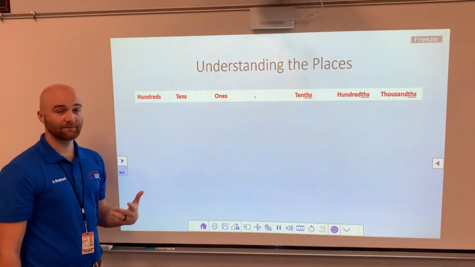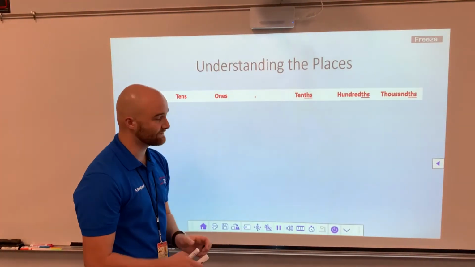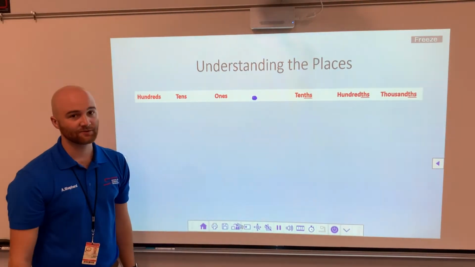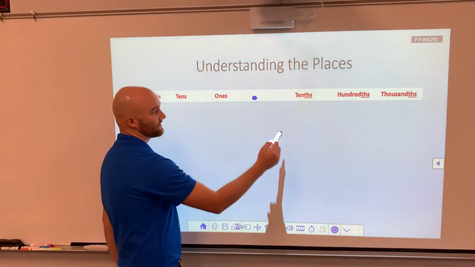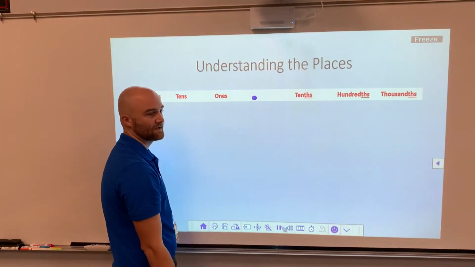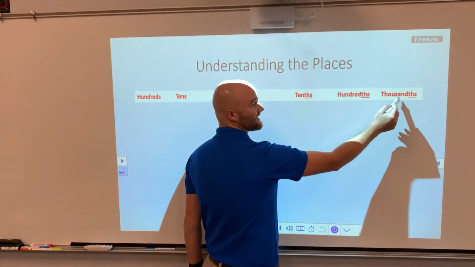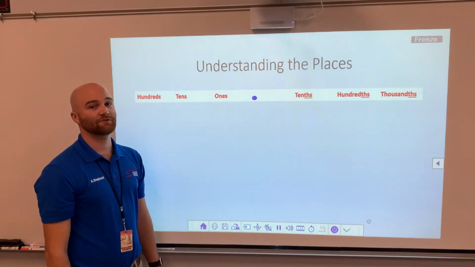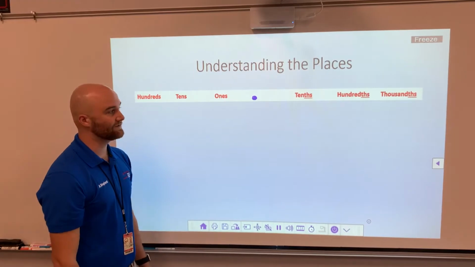Where it starts to get a little bit more complicated is when we go onto the other side of the decimal. Again, remember, we have everything based on where this decimal is. To the other side of the decimal, we've got our tenths place, then our hundredths place, then our thousandths place. And you'll notice I'm saying the ths after each one of those, because that's what tells us it's on the right side of the decimal.